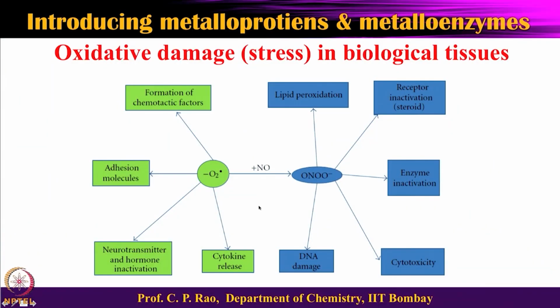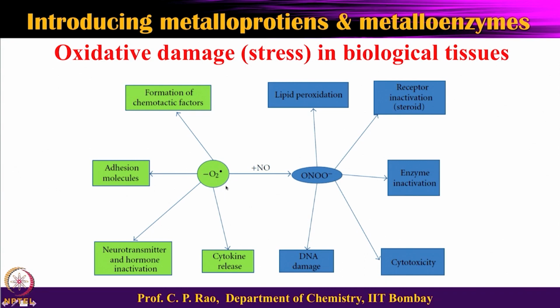Okay, so let us look in this class at what kind of problem, or what kind of damage, one would expect with the O2 minus superoxide radical. I am sure everyone must have heard of something called oxidative stress. Oxidative stress is nothing but the formation of oxygen based radicals, oxygen based anionic species, which in turn react with the tissue and spoil the tissue, cell or organ, and that is what is referred to as the oxidative damage.